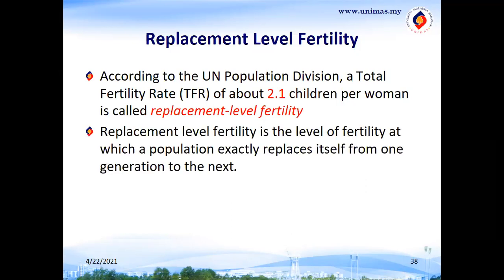Right? So the replacement level of fertility is the level of fertility at which a population exactly replace from one generation to the next. Jadi generasi akan maintain the size of the population as it is. Ya, kalau lebih daripada replacement level, maksudnya the population will increase. Kalau kurang daripada itu, will not be able to replace the former generation lah, generasi sebelum kita contohnya.